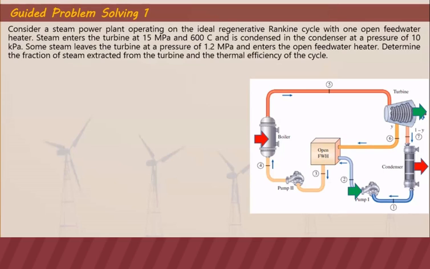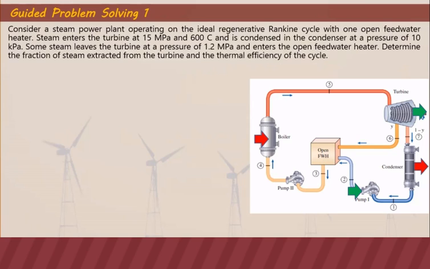Steam enters the turbine at 15 megapascal and 600 degrees Celsius, and it is condensed in the condenser at the pressure of 10 kilopascal. Some steam leaves the turbine at 1.2 megapascal and enters the open feed water heater. Determine the fraction of steam extracted from the turbine and the thermal efficiency of the cycle.